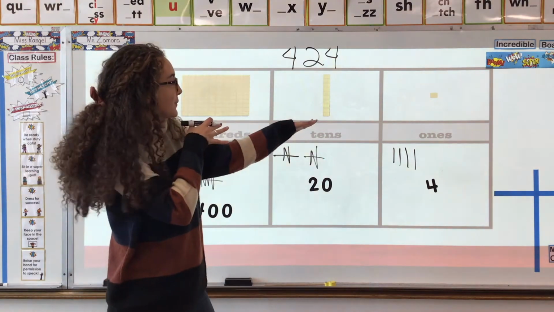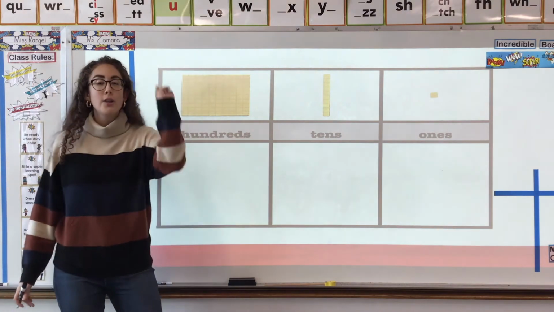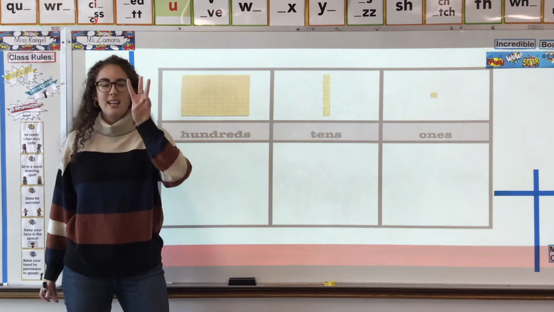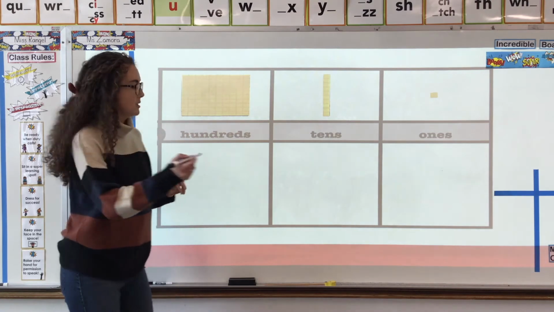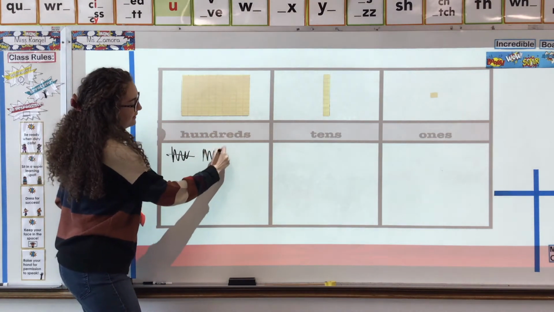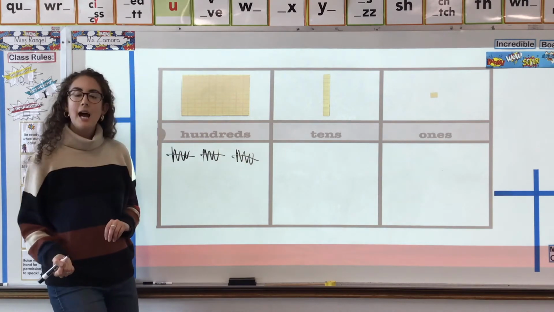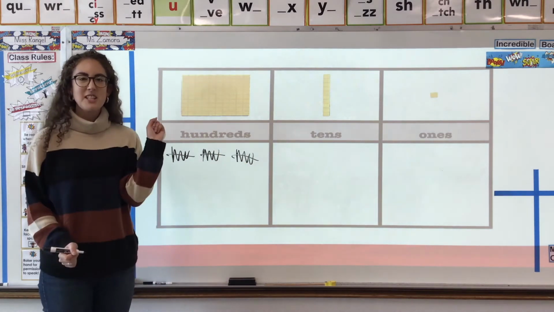Reset. Okay, blank slate. I want you to now draw 300s. Can we draw 300s? Here we go. 100, 200, 300s. We just said it.